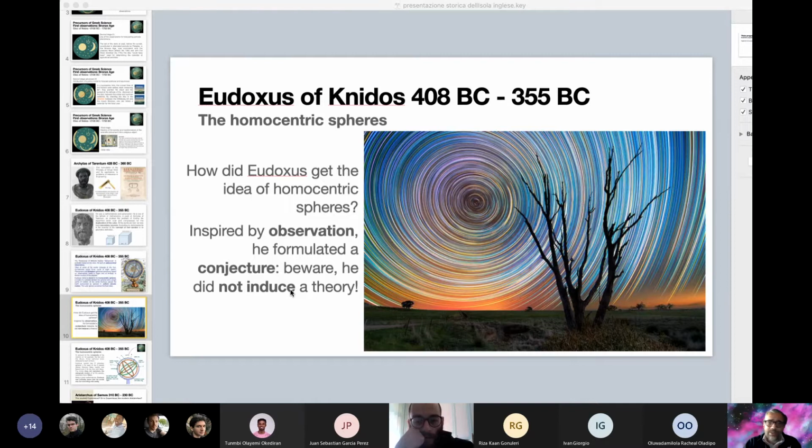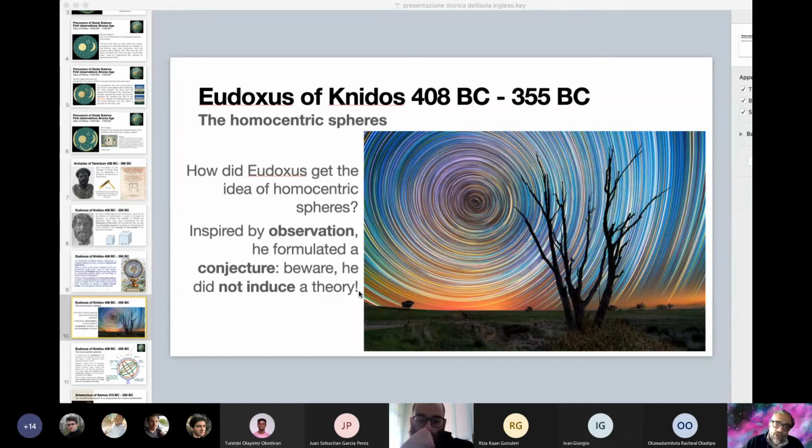Now, what I want to underline for you, we will go back to this point later. He did not induce a theory. I want to tell you since now that mathematical theories are not induced by observation. A theory is conjectured.